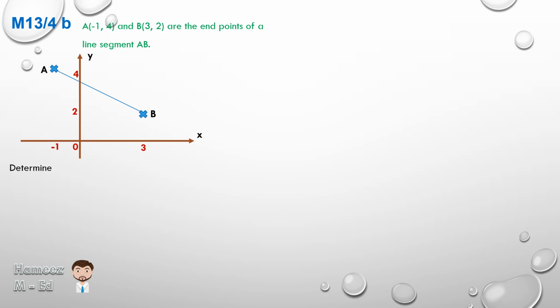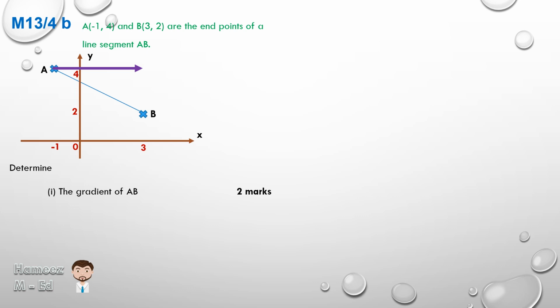Determine, part 1, the gradient of AB. Easiest is to start with the point on the left, which in this case is A, and move to the point on the right, which is B. First move across horizontally and then vertically.